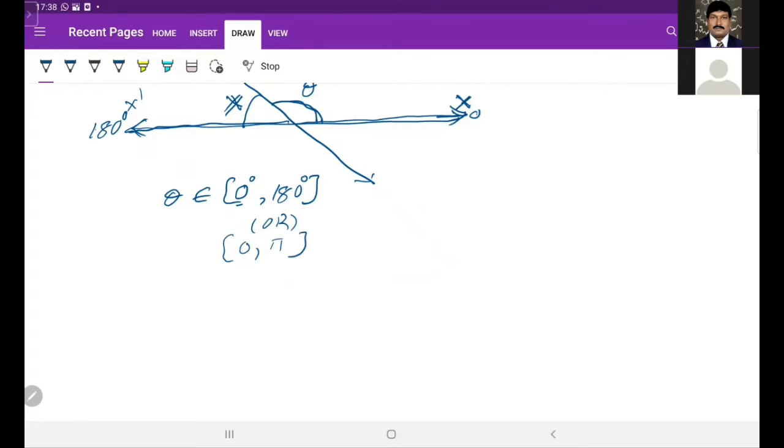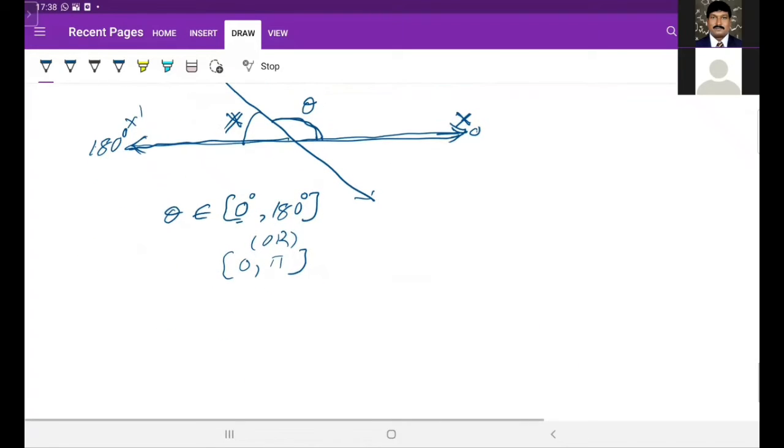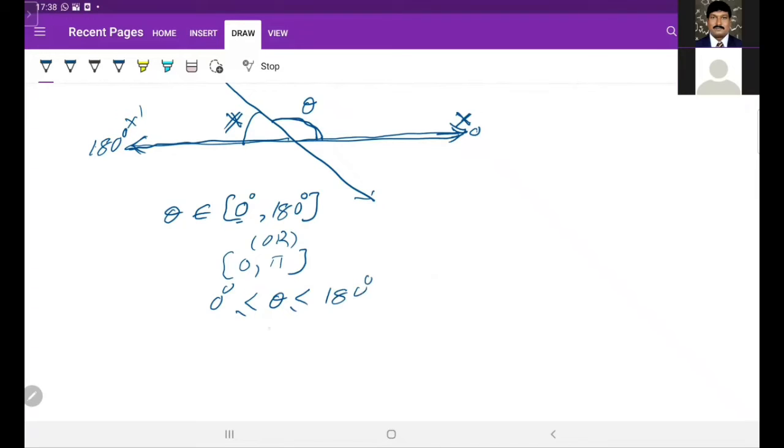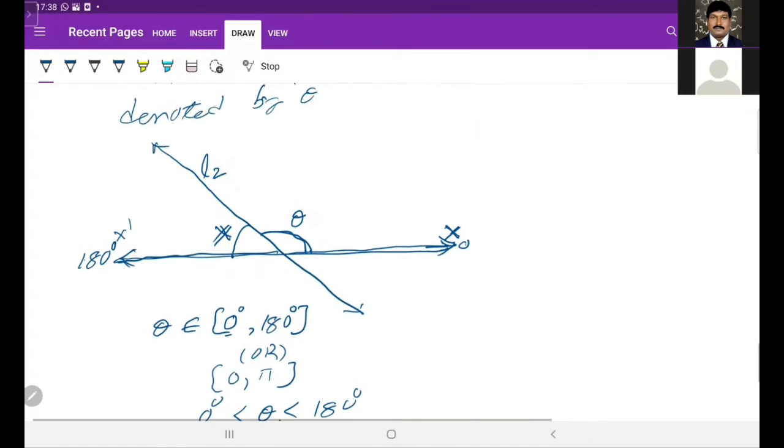Any line's inclination lies in the first and second quadrants only. So this can be written as 0 degrees less than or equal to theta less than or equal to 180 degrees, or 0 radians to pi radians. Any doubt? Is it clear now?